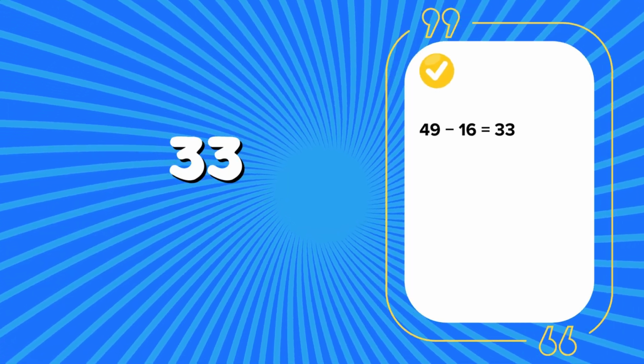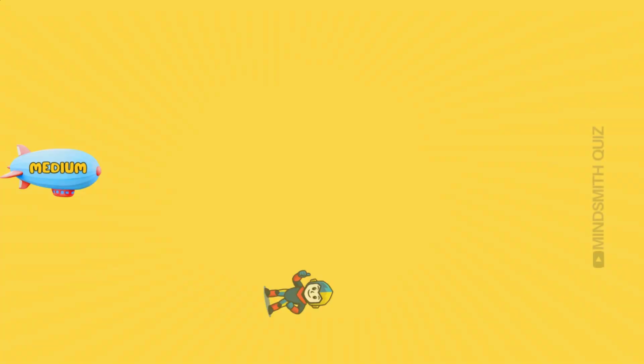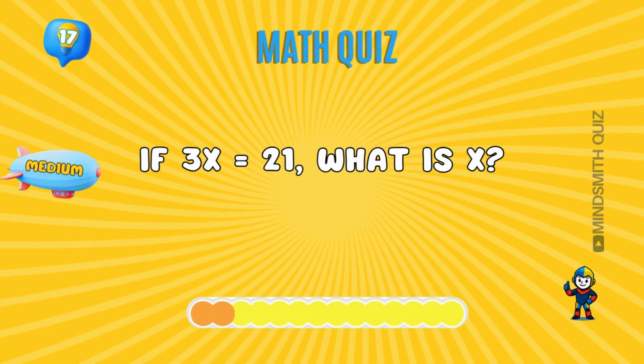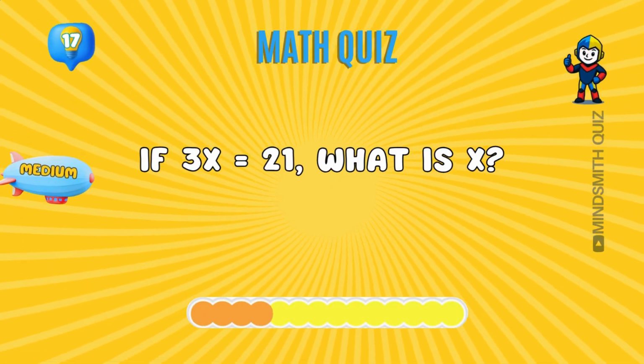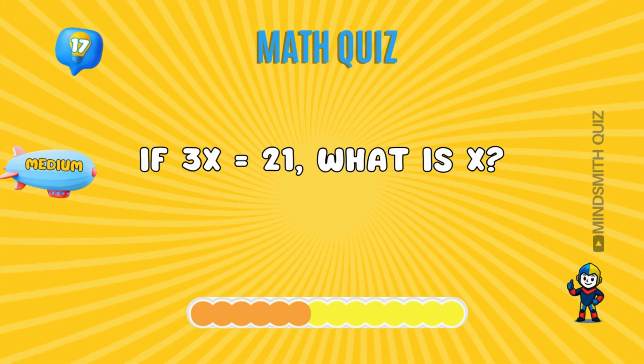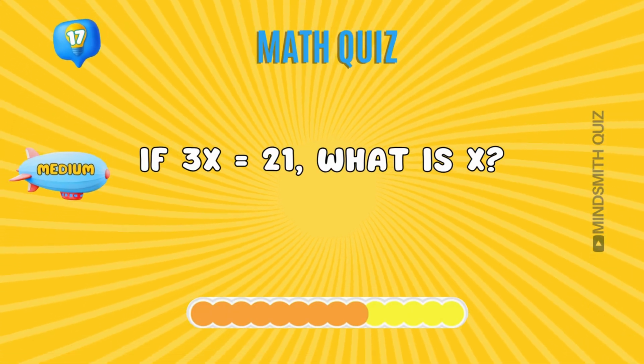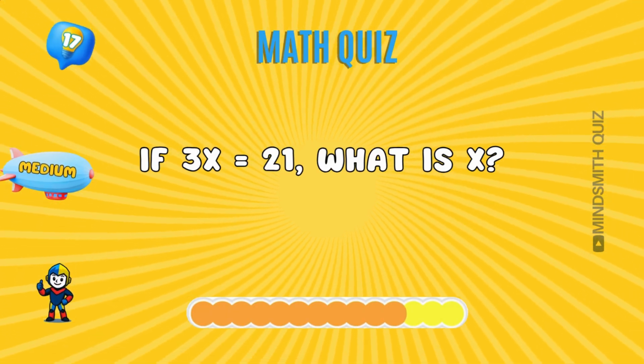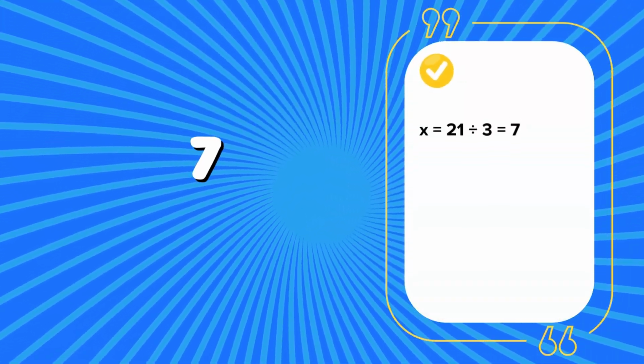If 3x equals 21, what is x? Excellent. 7.